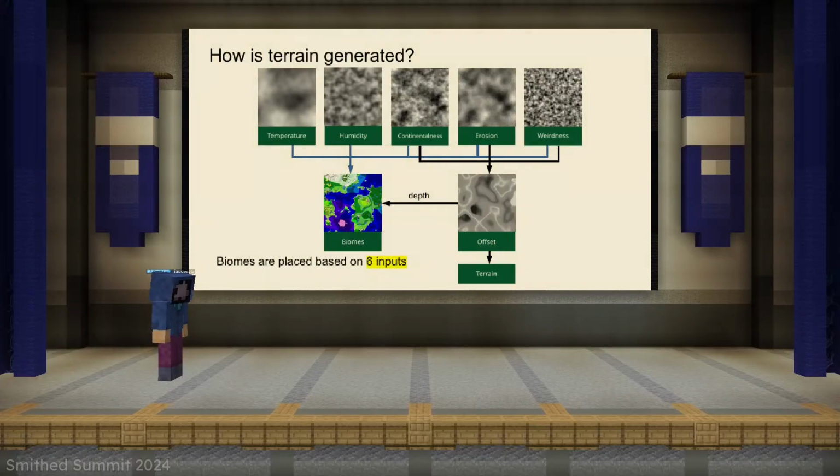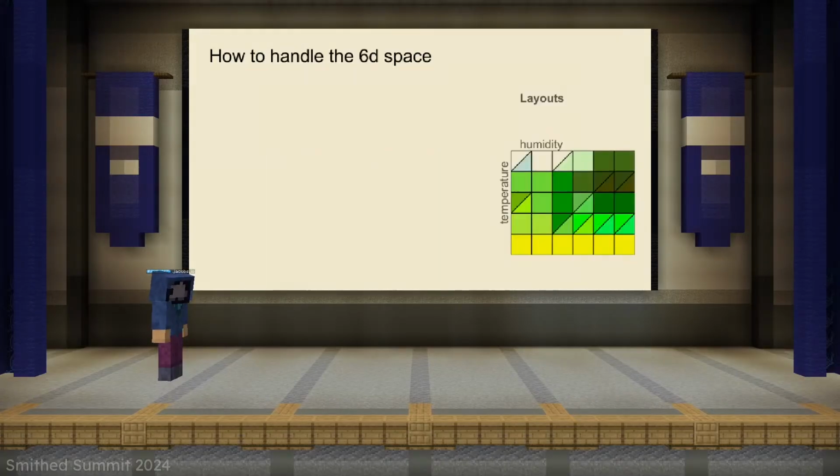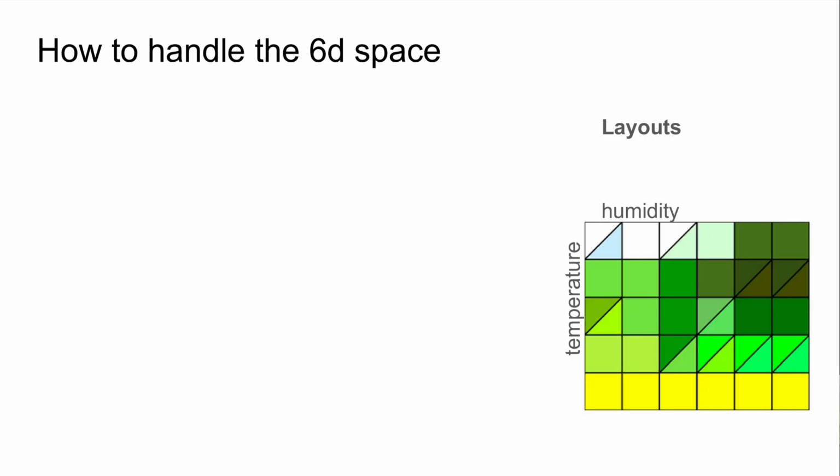So now all we need to do is pick which biome to use for each combination of those 6 inputs. So we're dealing with a 6D space here. It's maybe a bit daunting. So how do we handle it? In Snowcapped, we do it by dealing with 2 dimensions at a time. We start with layouts.